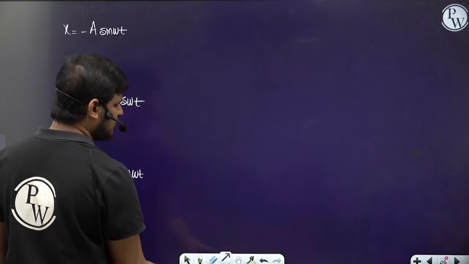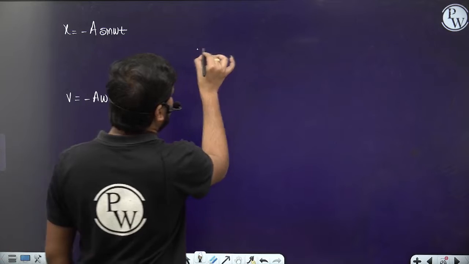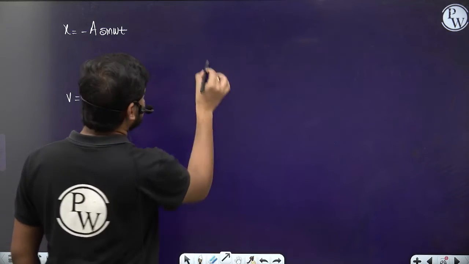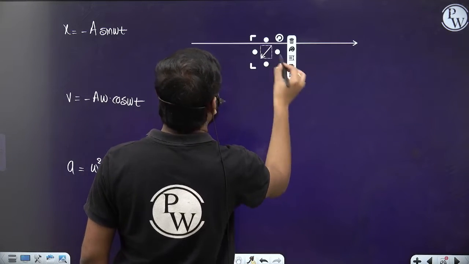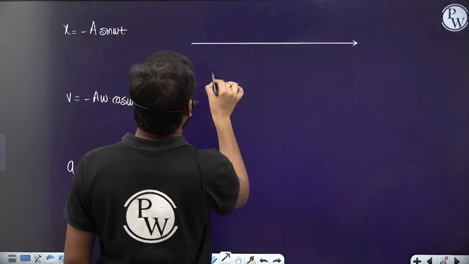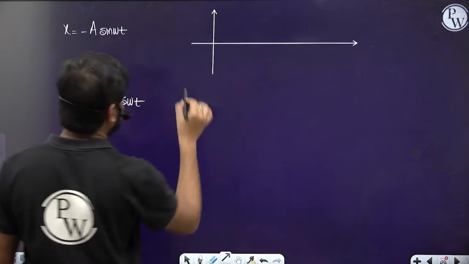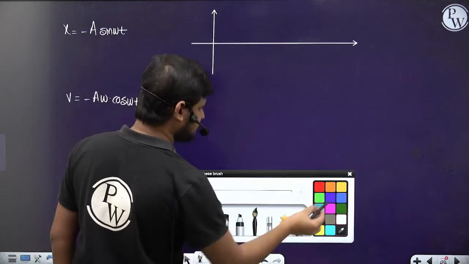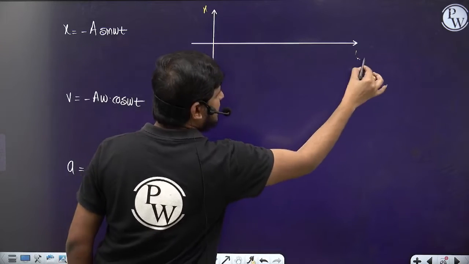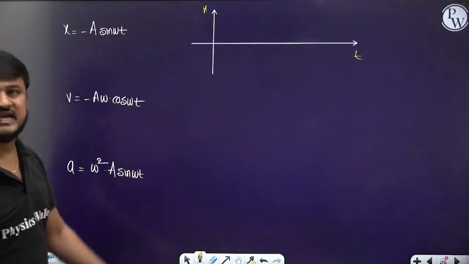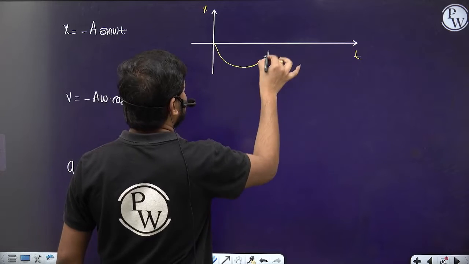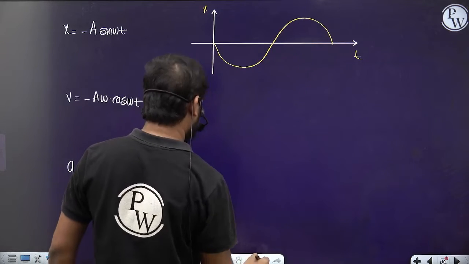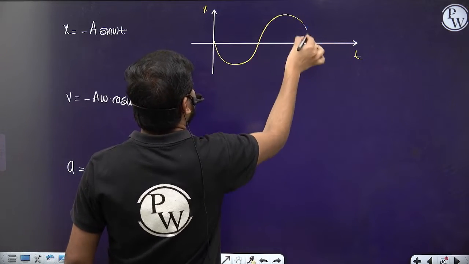Now let's draw the curve of x versus t. Minus sine means it starts from the negative half cycle, and the graph will be like this.